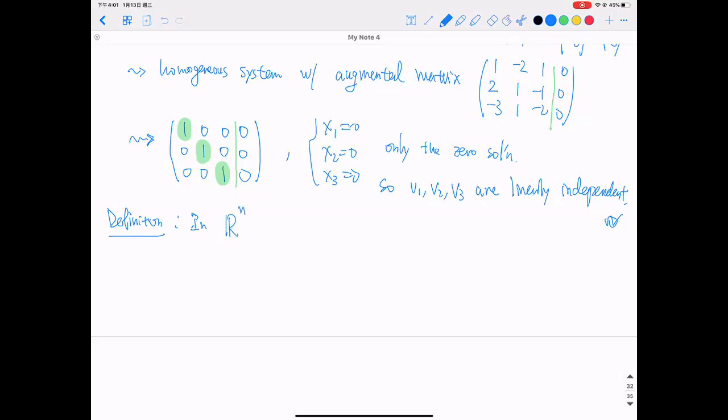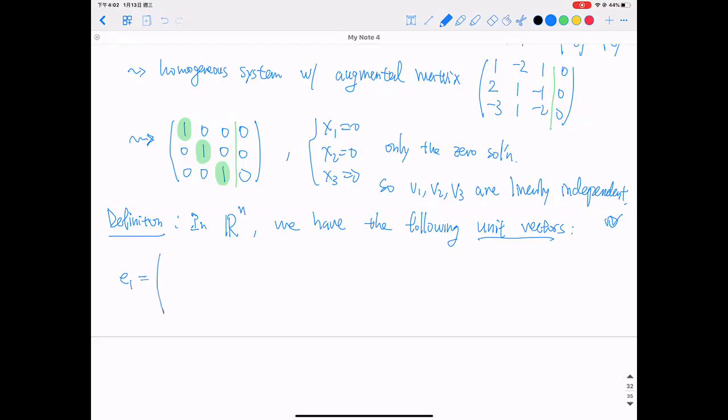In the n-dimensional space Rn, we have the following vectors called unit vectors. And they are denoted by E1 through En.